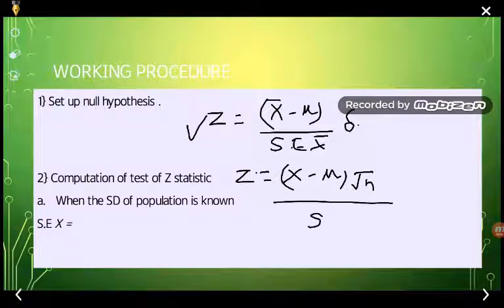But when the standard deviation is not given, the formula remains the same, only here instead of SE we have taken S. So when the standard deviation is not given, then the error or standard deviation can be taken as S. So S by root n. Root n will be in the upper case and s will be in the lower case. So in this way we are going to calculate the z test when the standard deviation is given and when the standard deviation is not given.